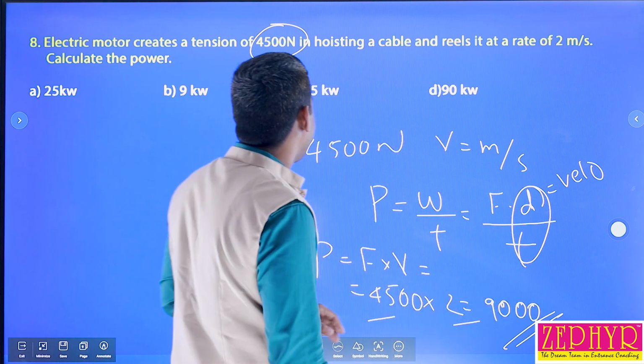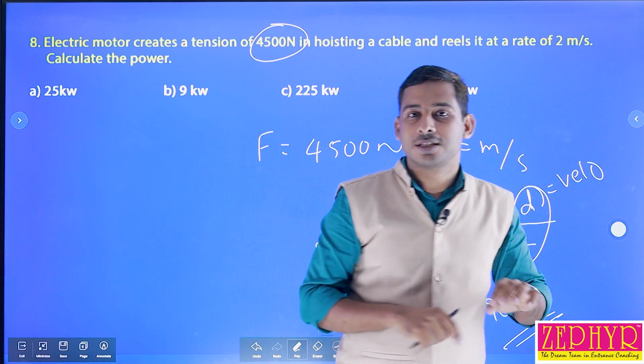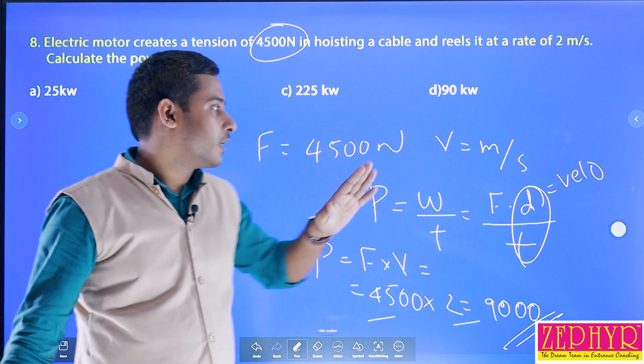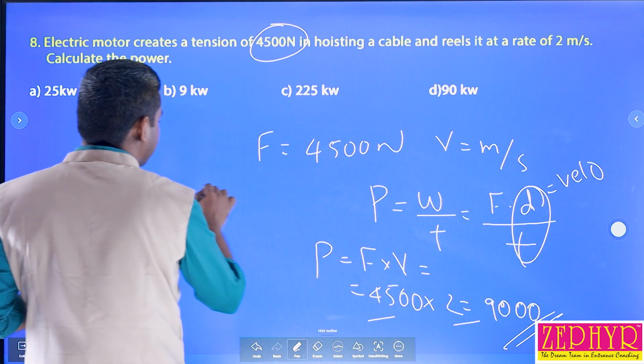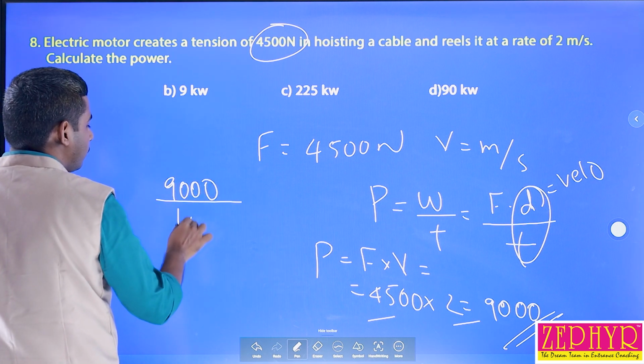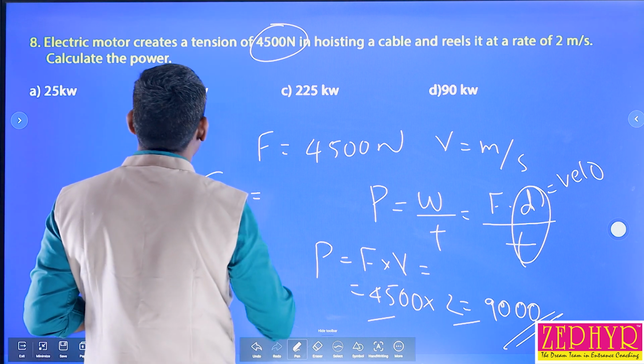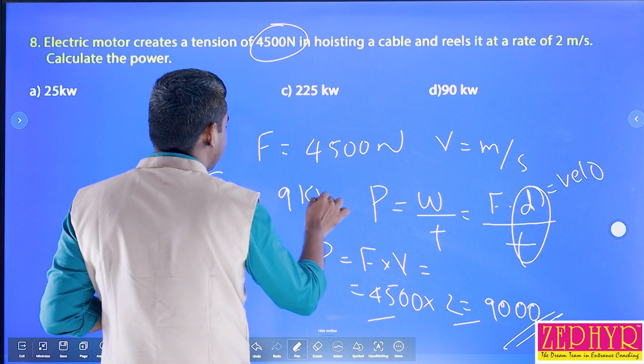9000 watt. But all our options are in kilowatt, right. So, you have to convert this 9000 watt into kilowatt. That means you have to divide by 1000. That means the answer becomes 9 kW.